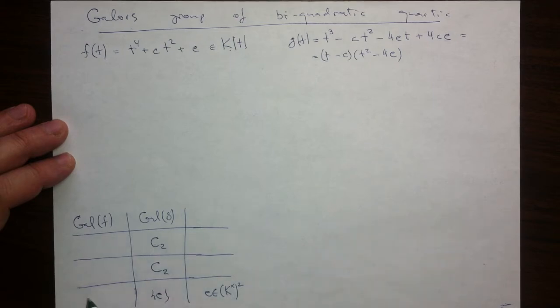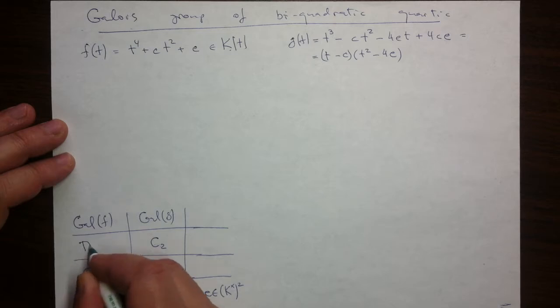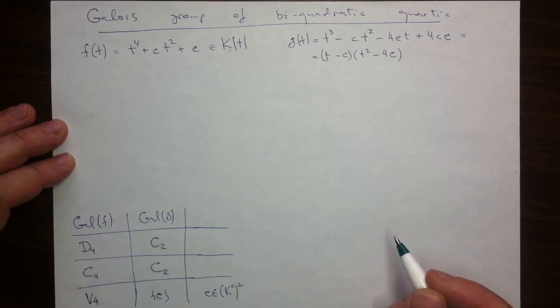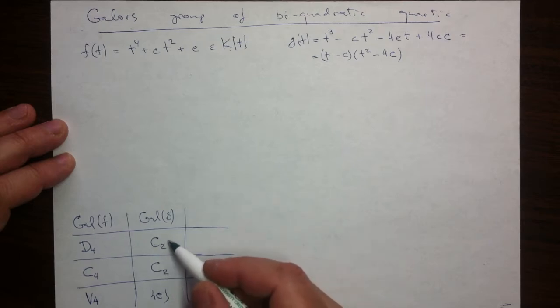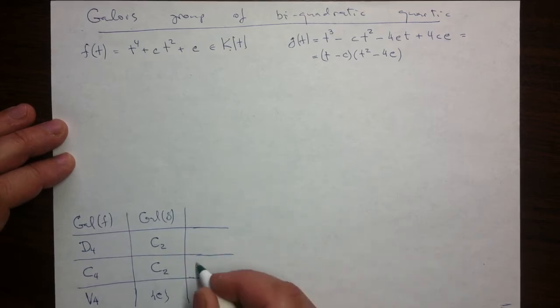In that case, it corresponds to the symmetry group V4. And these two other cases which I separated will correspond to cyclic group or non-abelian dihedral group. So in both cases, e is not a square.